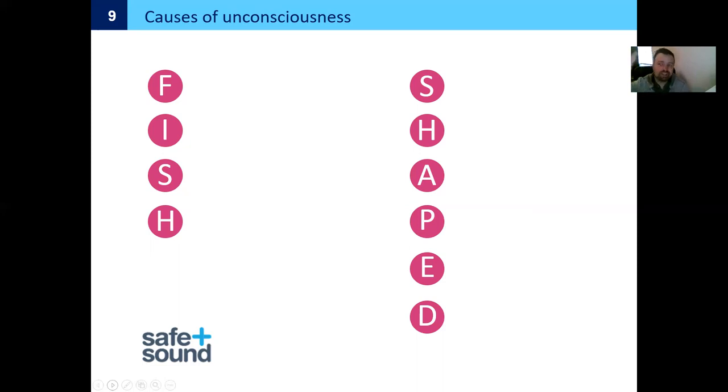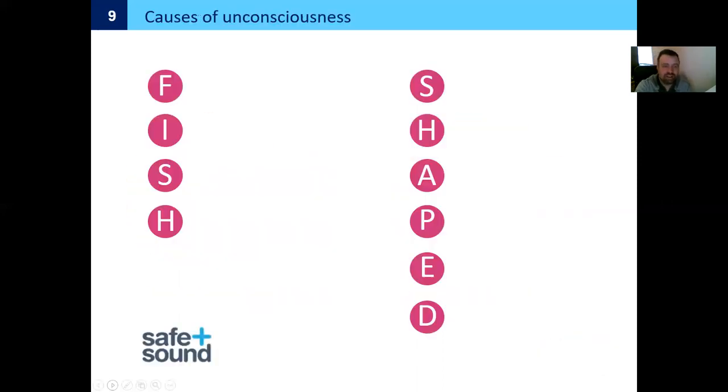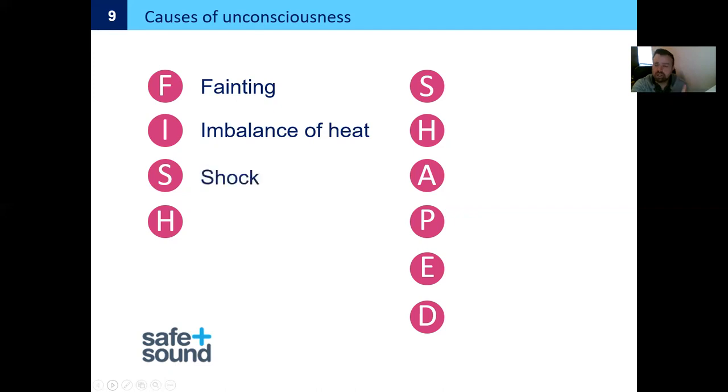So going back to assessing the scene, thinking about what's going on. The first one for FISH-SHAPED is fainting. So we've got lack of oxygen, we've just gone down and we've hit the deck. Imbalance of heat, so too hot, too cold. Shock.